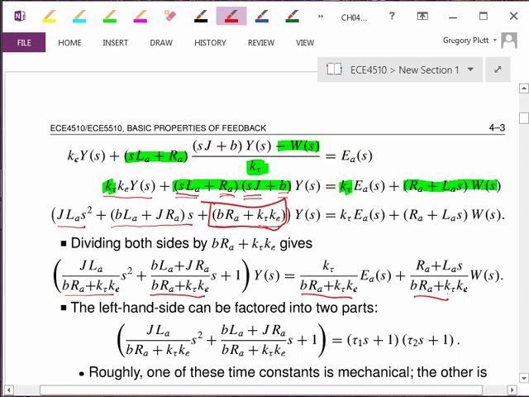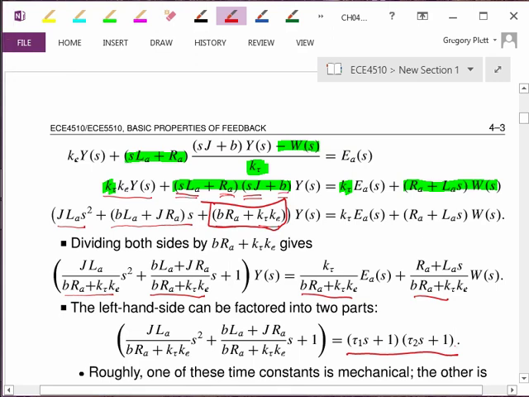When we see this, we see that the left-hand side is a second-order polynomial. So we know by the fundamental theorem of algebra that that can be factored into two parts, and we could even do the quadratic rule and find out exactly what those two parts are. But for here, I'm just going to simply say that I can factor it into some tau 1s plus 1 times tau 2s plus 1.